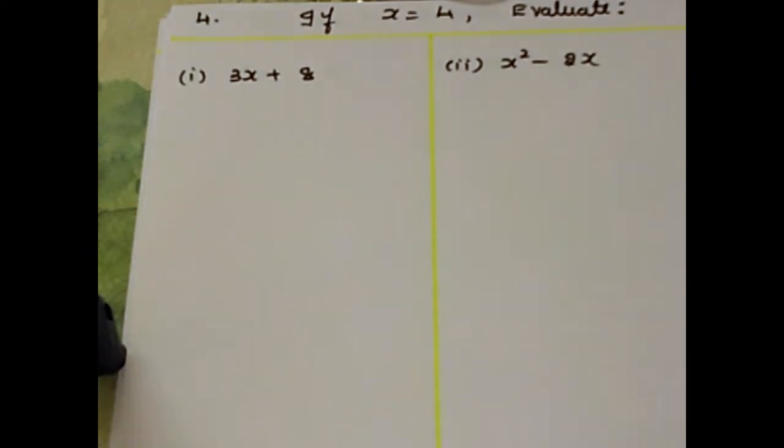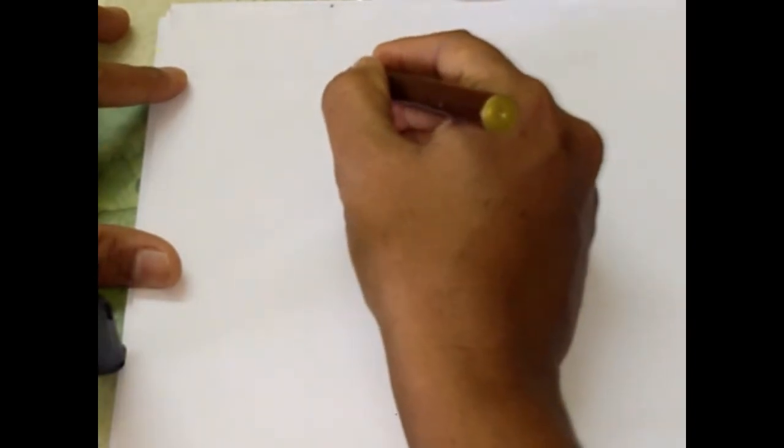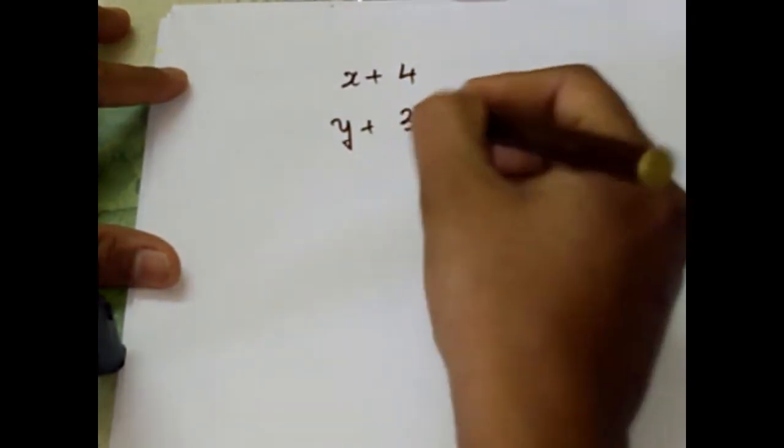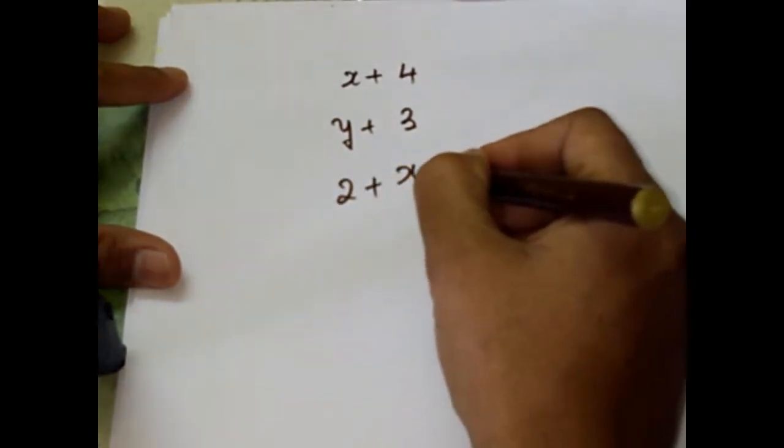So look at the heading. It is asked to find, if x is equal to 4, evaluate A. In this chapter, basically solving the algebraic expression means there will be an equation. What is an equation? x plus 4, y plus 3, 2 plus x.